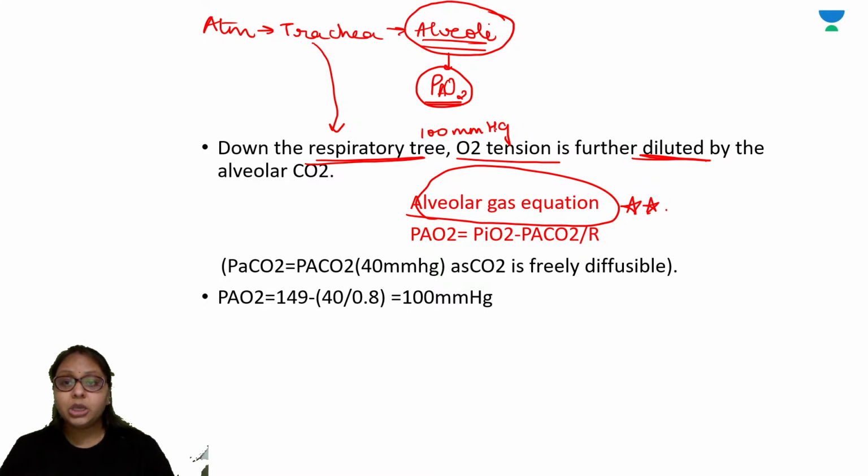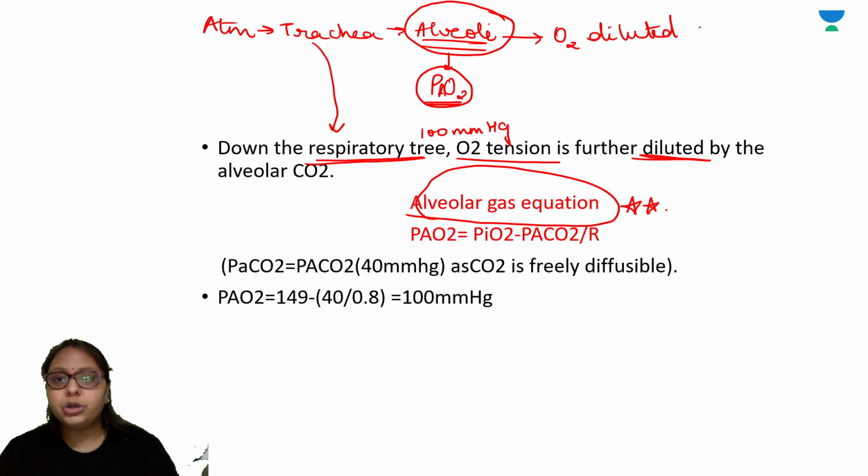Why from 149 to 100? That is because in the alveoli, oxygen is diluted with carbon dioxide, and at the level of the alveoli it is denoted by the alveolar gas equation. Guys, this is a very important point.